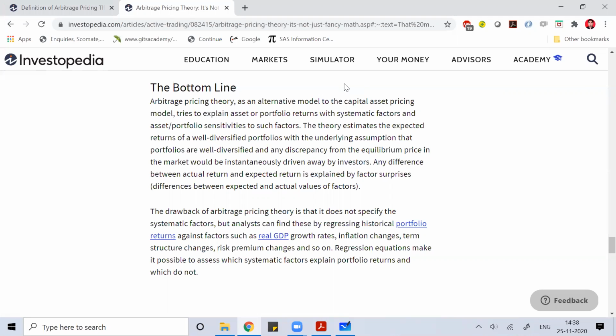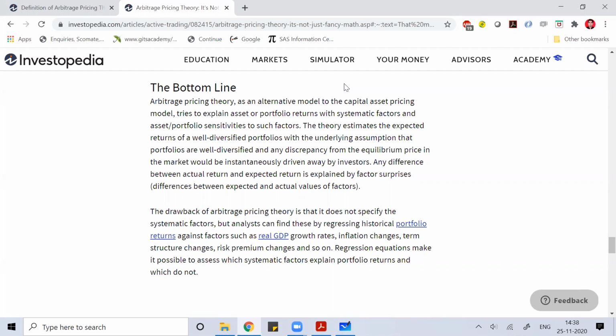The drawback of the arbitrage pricing model is that it does not specify the systematic factors, but analysts can find them by regressing historical portfolio returns against factors like real GDP growth rate, inflation changes, term interest rate changes, or risk premium changes, and so on.